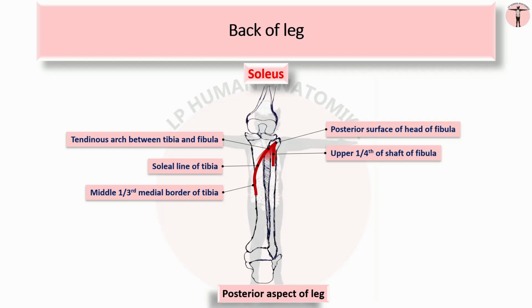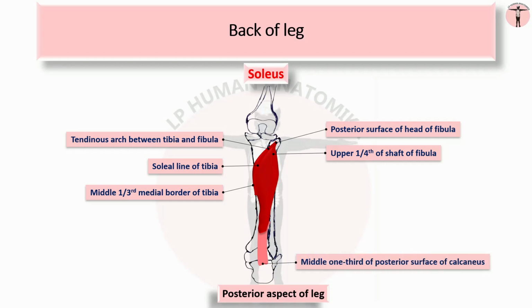The muscle runs downwards and ends in a tendon which fuses with the other three muscles, forms tendocalcaneus and is inserted into the middle 1/3 of posterior surface of calcaneus.